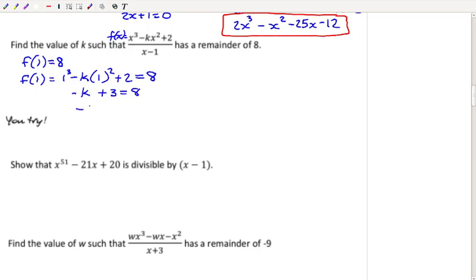Subtract 3 from both sides, minus k equals 5, or divide by negative 1, k equals negative 5, and you're done. So it's actually not as complicated as it sounds once you remember that all I have to do is evaluate by the number that makes this 0 on the bottom, or flip this sign, x minus a is 1, evaluate at 1, and then set it equal to my remainder.